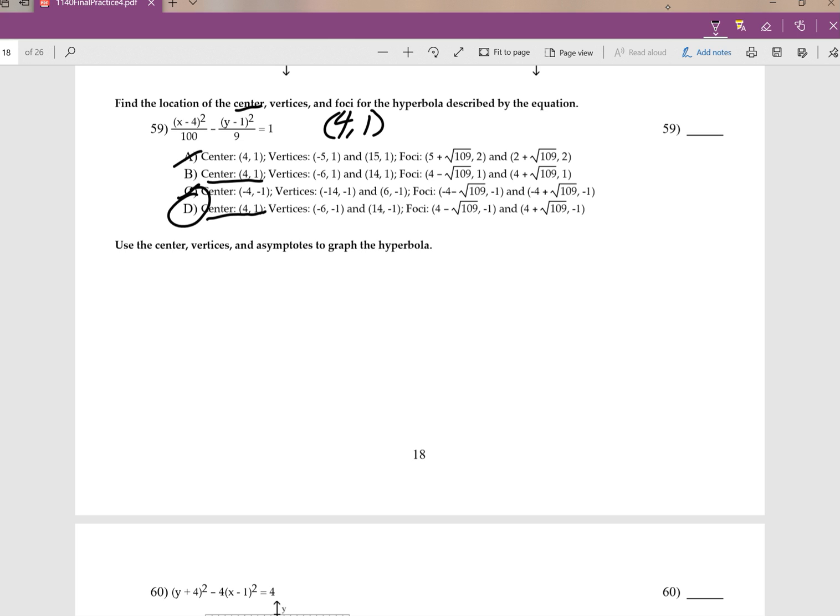That's another helpful hint. It is going to be sitting at -1, not +1, which is why I immediately ruled that out. Okay? Because remember, there's a shift in this one. The center is not 0, 0. It's 4, 1.